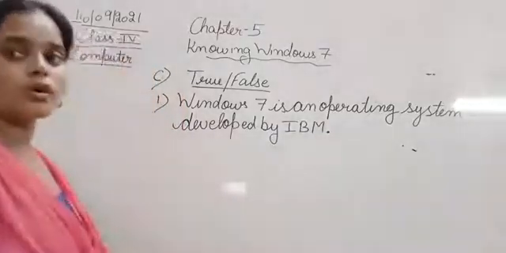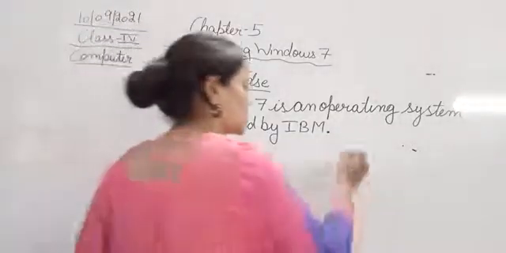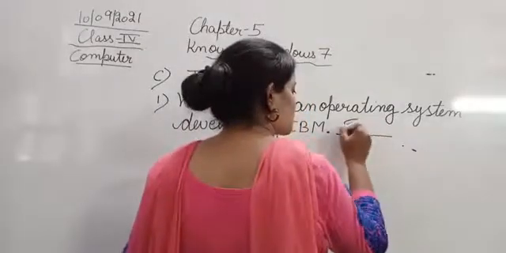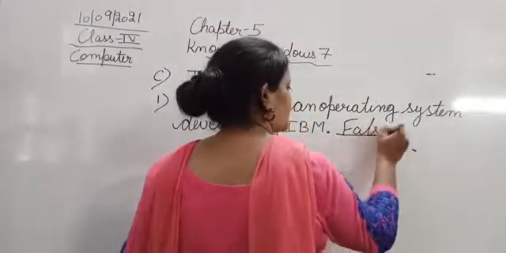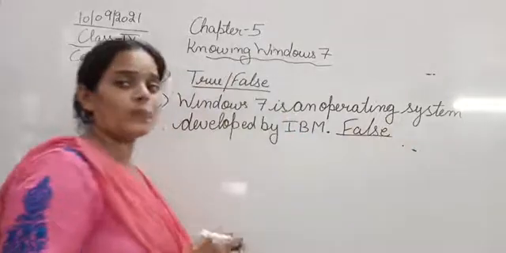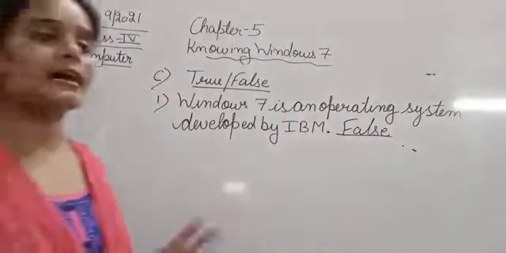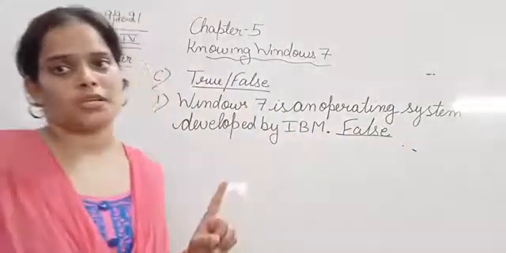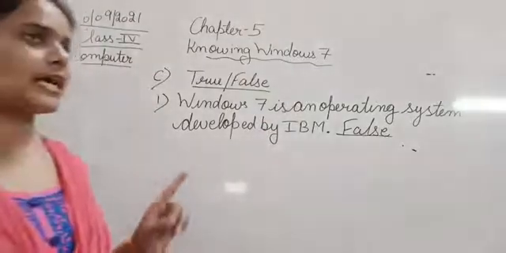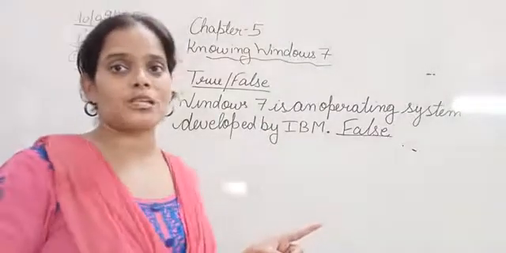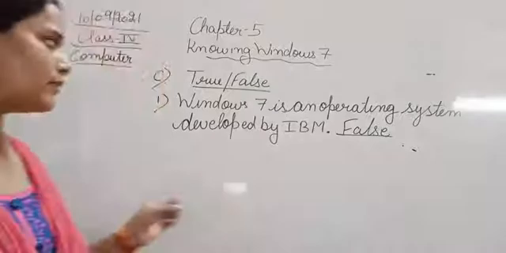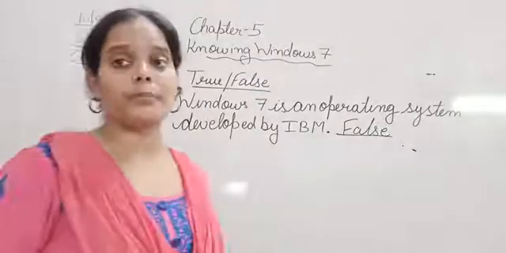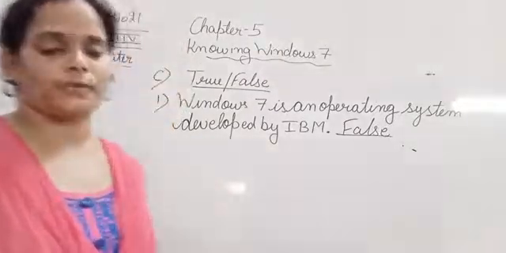Is it true or false? This is false. Why? What is the reason? Because Windows 7 operating system is developed by Microsoft. Okay, so Microsoft has developed this Windows operating system. It is not developed by IBM, it is developed by Microsoft.